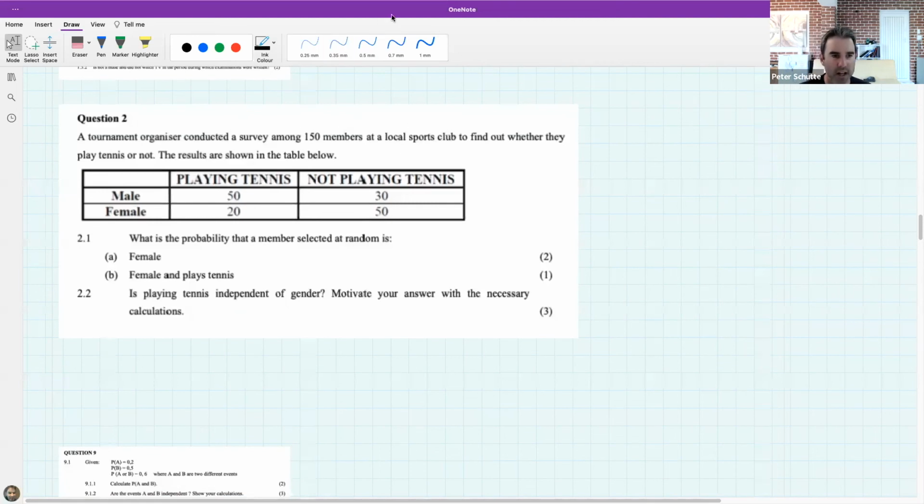A tournament organizer conducts a survey amongst 150 people at a local sports club to determine whether they play tennis or not. The results are shown in the table below. So first you answer these two questions, A and B, and then you can try and answer this question. Over to you guys and girls.